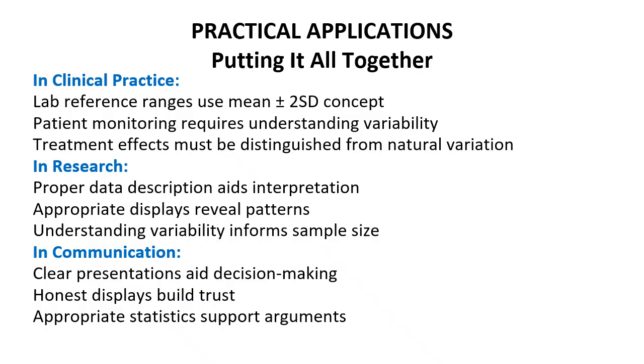Okay, so let's look at what this means. We've got to figure out what we do in the real world. Within clinical practice, how does this work? Well, we have lab reference ranges, which are usually based on the mean plus or minus standard deviations from healthy populations. What about patient monitoring? We have to understand the concept of normal variation versus concerning changes. In treatment evaluation, treatment effects must be distinguished from natural variation.